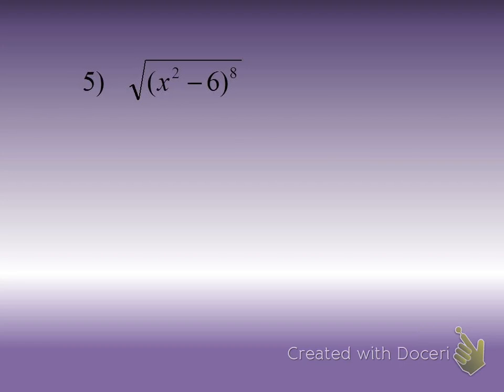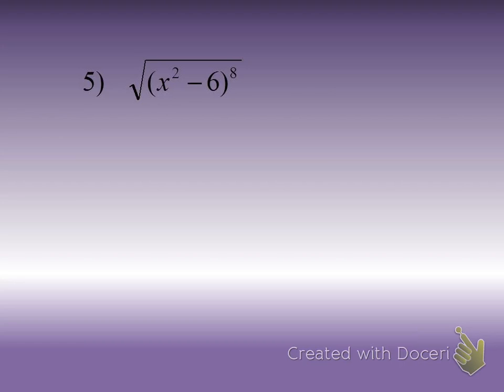What's the whole thing? X squared minus 6. Good. We're taking the square root of x squared minus 6 because it's in parentheses, right? And parentheses group things together. So since it's in parentheses, it's together. So how many x squared minus 6's do you have?